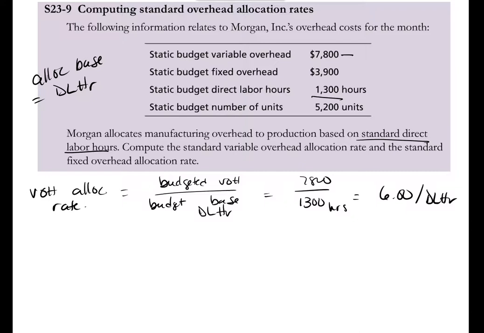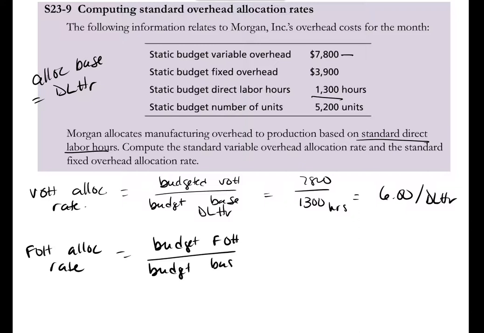And then for the fixed overhead allocation rate, same thing. So this will be budgeted fixed overhead over the budgeted base, whatever it is. Some people use machine hours, some people use direct labor dollars.